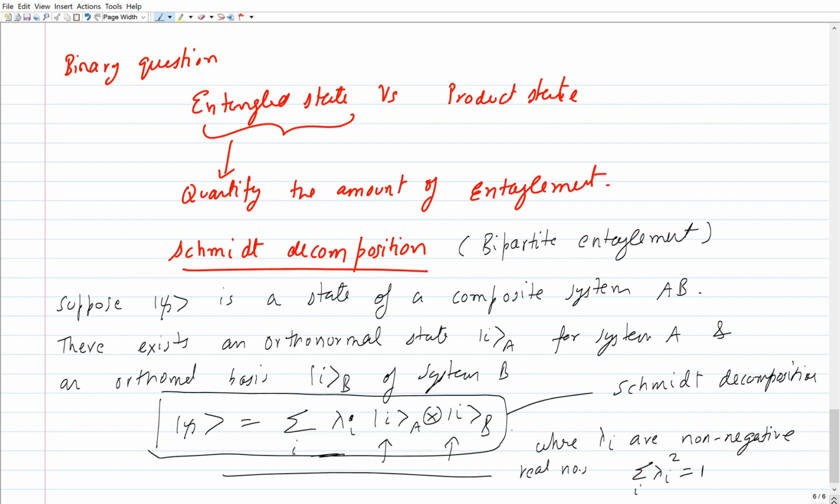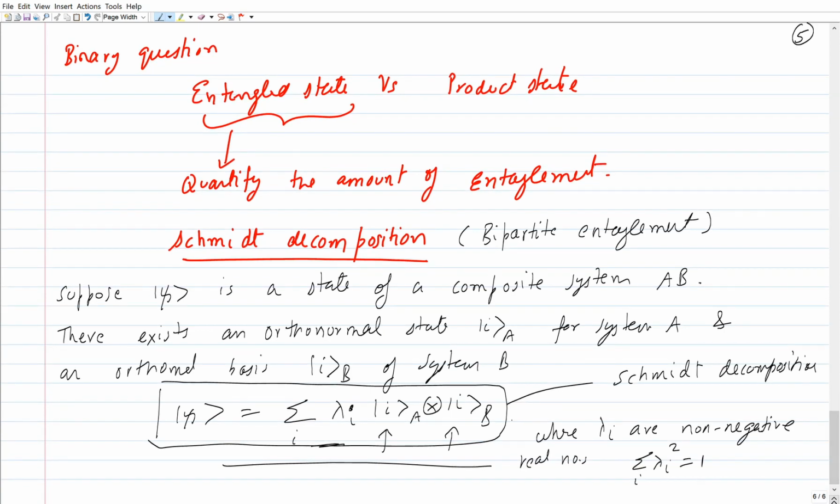So what did I do? Again, I can repeat that we started with a state psi, and any general state, how would I express it, as C_jk |j>|k>. By definition, I can write any state on a composite system AB as a linear combination, sum over j and k, tensor product over these two vector spaces.